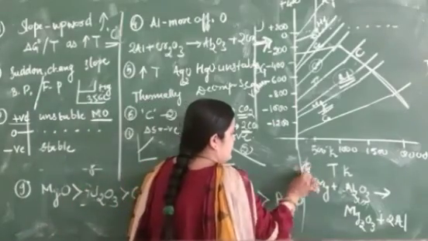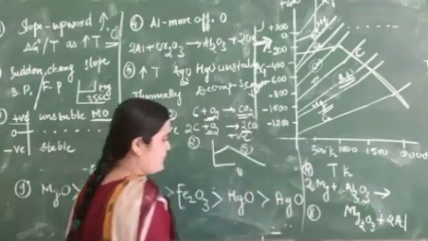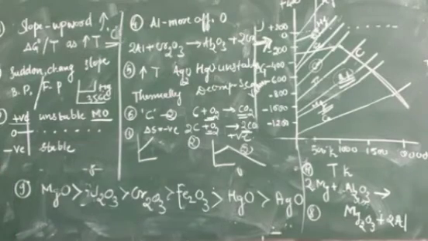Eighth one: it is used to predict the tendency of reduction.